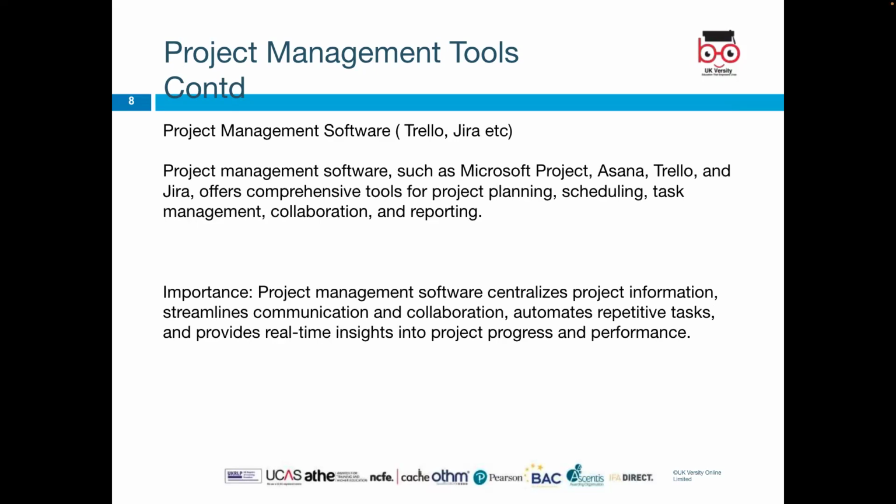Project management software, Trello, Jira, etc. The importance: project management software centralizes project information, streamlines communication and collaboration, automates repetitive tasks, and provides real-time insights into project progress and performance.